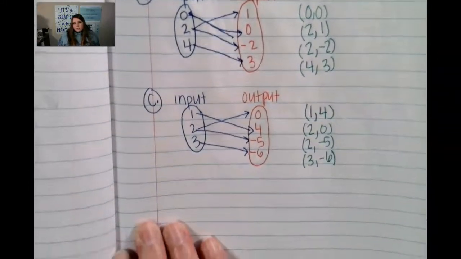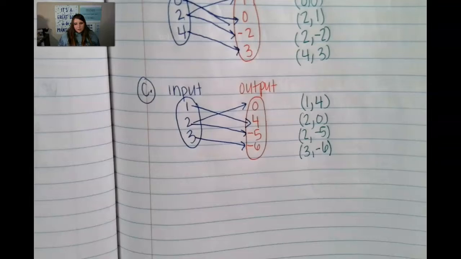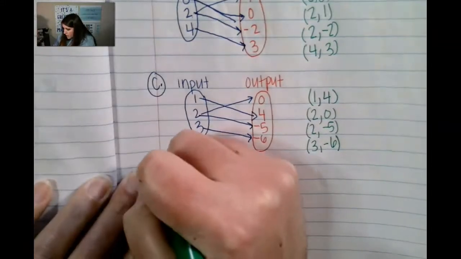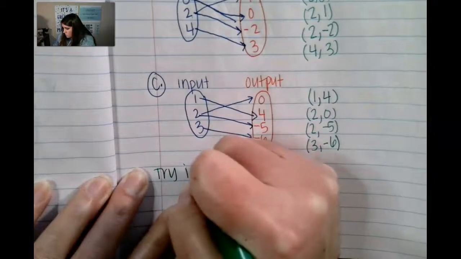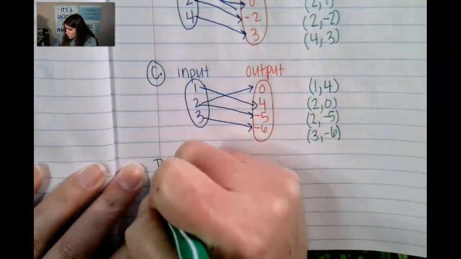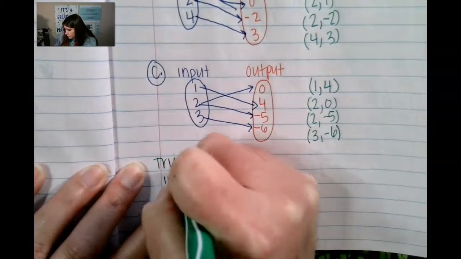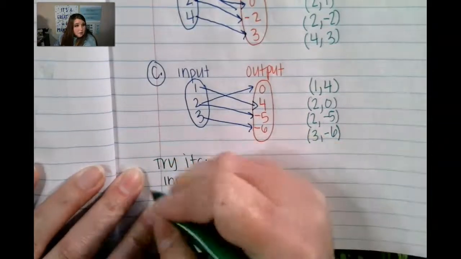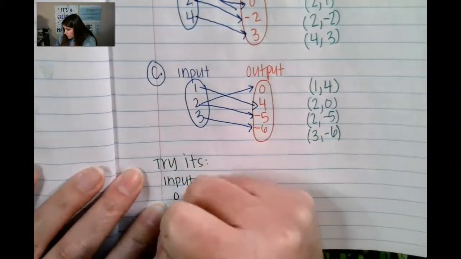Okay, so now it's your turn to use a mapping diagram. So your try-it today. You're going to use a mapping diagram to tell me what are the ordered pairs. So let's do your try-its. So your try-its look like this. You're going to have a mapping diagram that shows an input of 0, 2, 4, and 6.